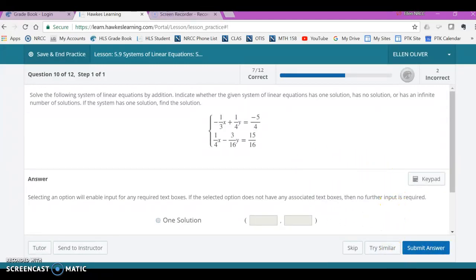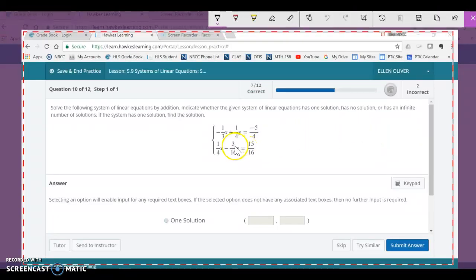Everybody loves fractions, so I'll do this one. I have denominators of 3 and 4 and 4 and 16. So if I multiply this first equation by the LCD of 3 and 4, which is 12, and multiply the second equation by the LCD of 4 and 16, which is 16, that will get rid of my fractions.